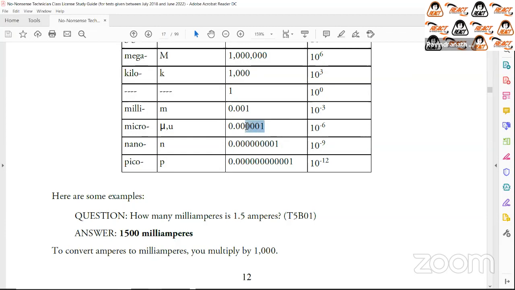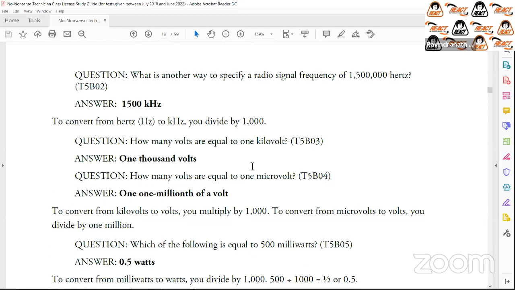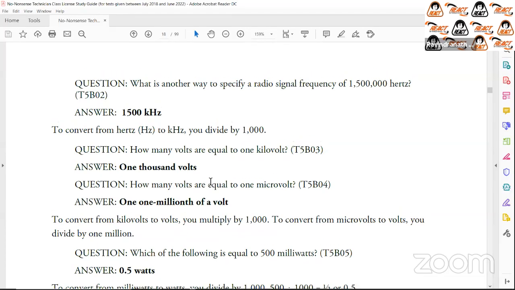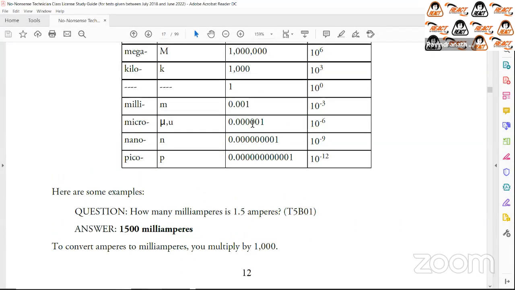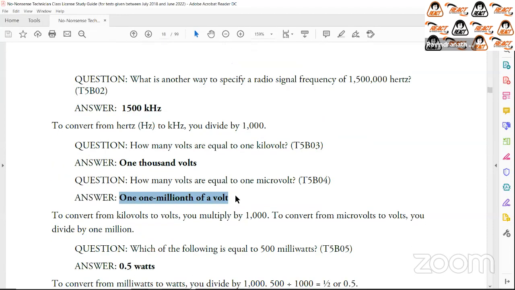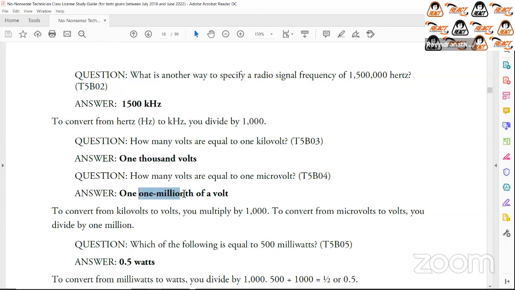So if you divide by 0.000001, you are dividing by 1 million. So the answer would be 1 millionth of a volt. It's really about shifting the decimal place. So you take 1 and you shift it 6 places, you'll get 1 million. Okay, so 1 millionth of a volt.